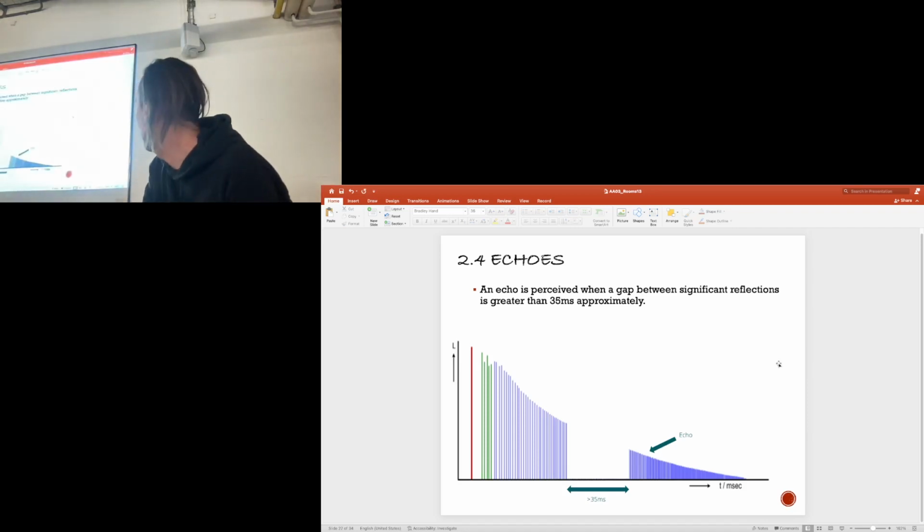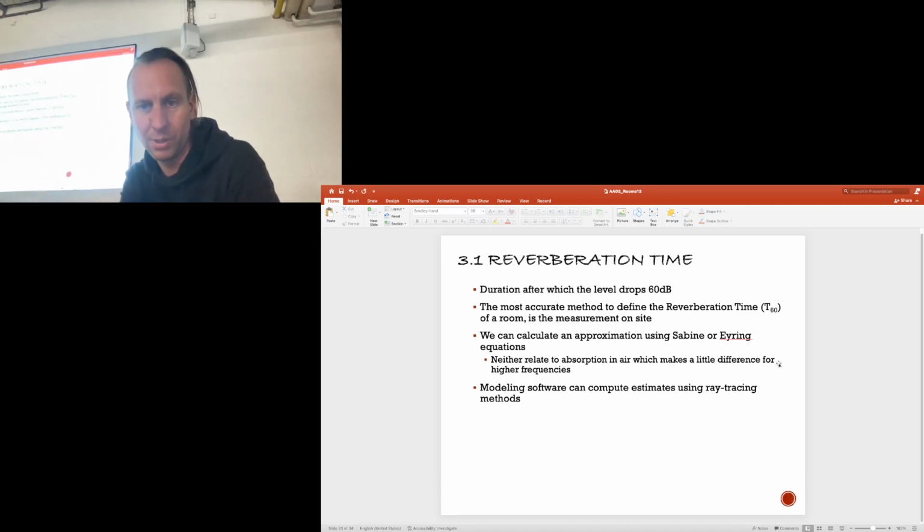Okay, I'm going to accelerate a bit and wrap it up quite quickly now. Just to make sure you understand that these reflections you don't hear separately, they fuse. However, if you put a gap in there, you will actually get a sense of echo. Okay, so the echo, reverberation, it all has to do with the density of reflections.